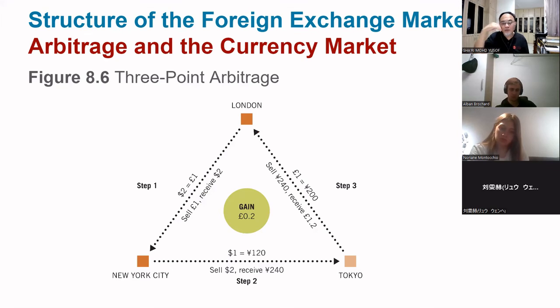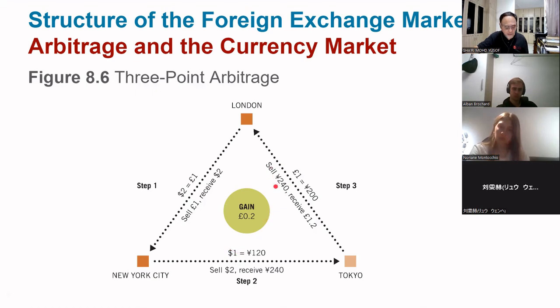So it's called the cross rate. The cross rate is £1 equals 240 yen.